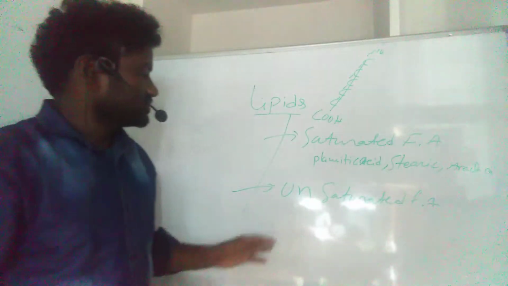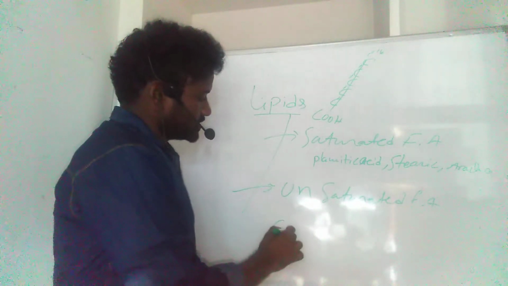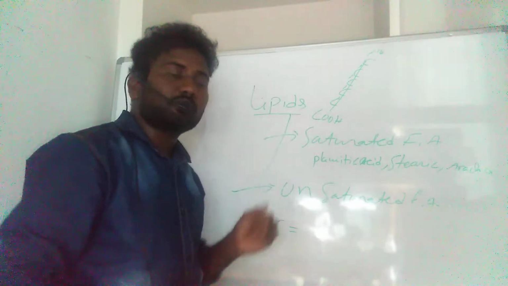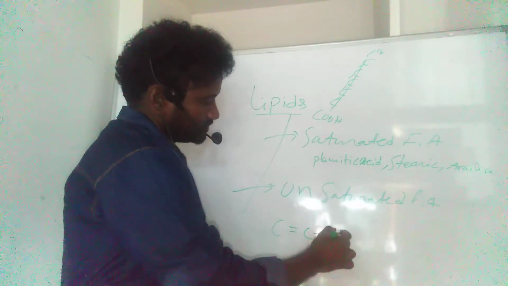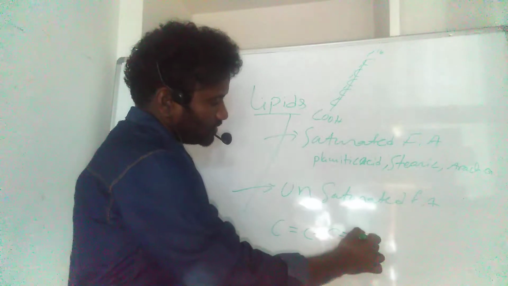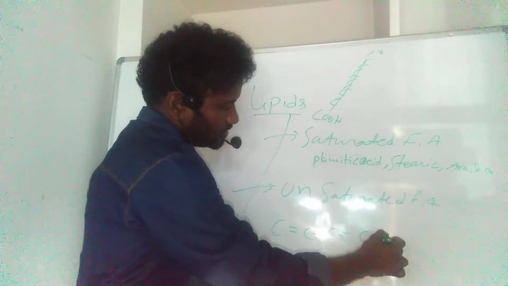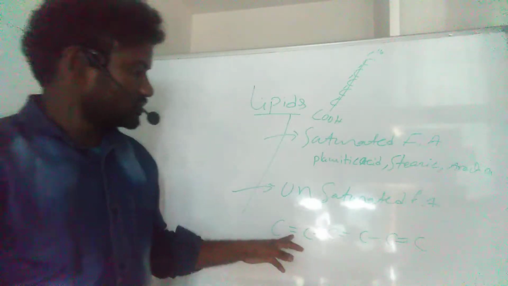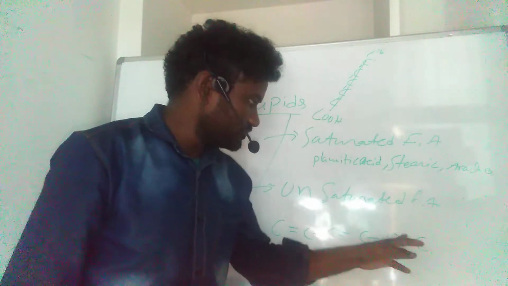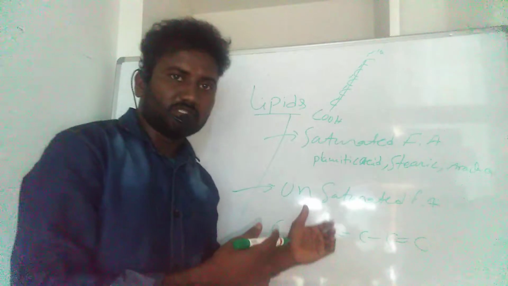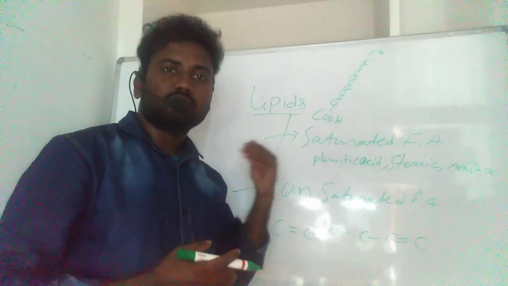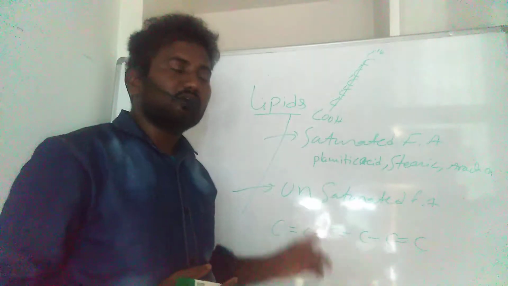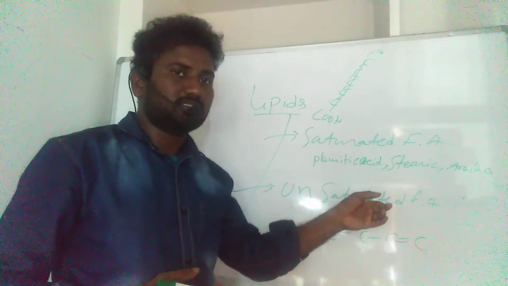In unsaturated fatty acids, the carbons are connected with one or more double bonds. Suppose one double bond, 2, 3. Fatty acids containing one or more than one double bond are called unsaturated fatty acids.